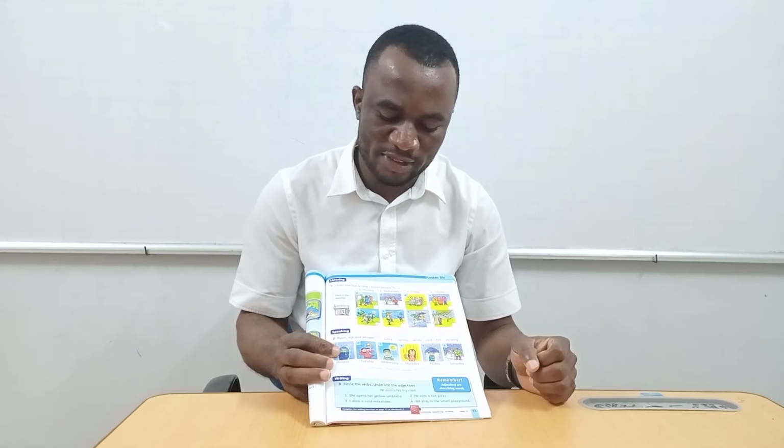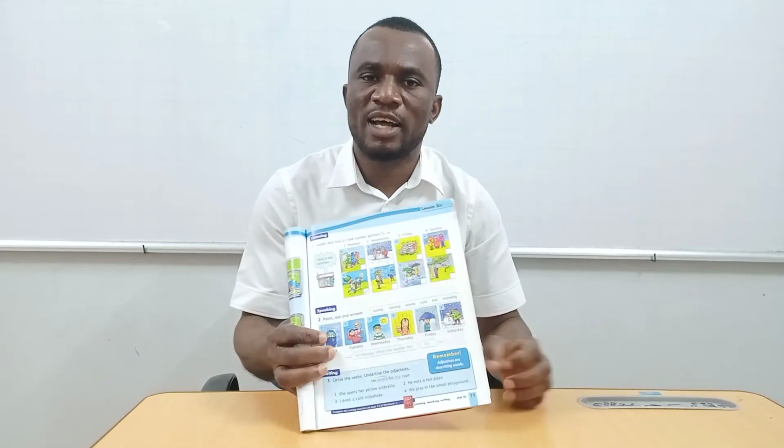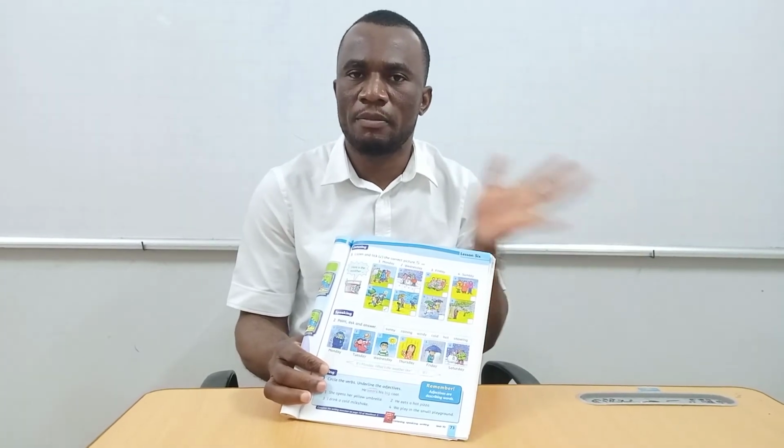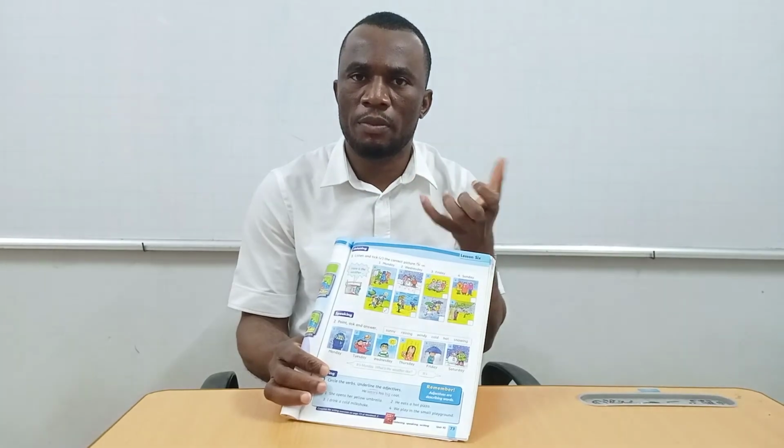Now we have the last one. Circle the verbs, underline the adjectives. Don't forget that the verbs are doing words or action words like jump, run, sit, stand. And adjectives are the words we use to describe, talk about things. Maybe high, low, white, black, yellow, brown.